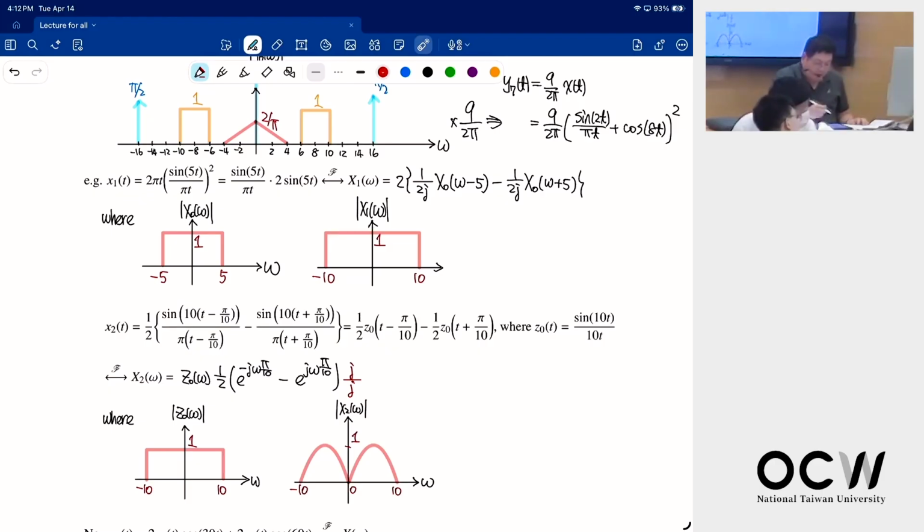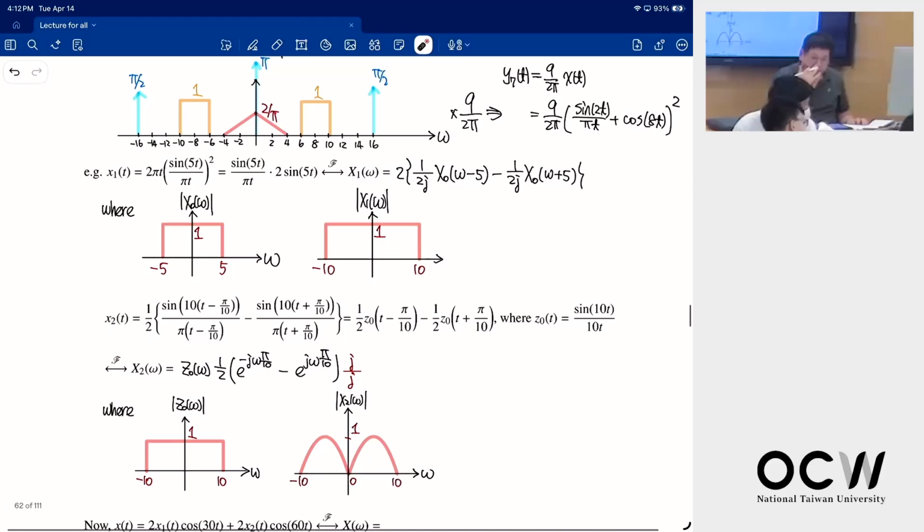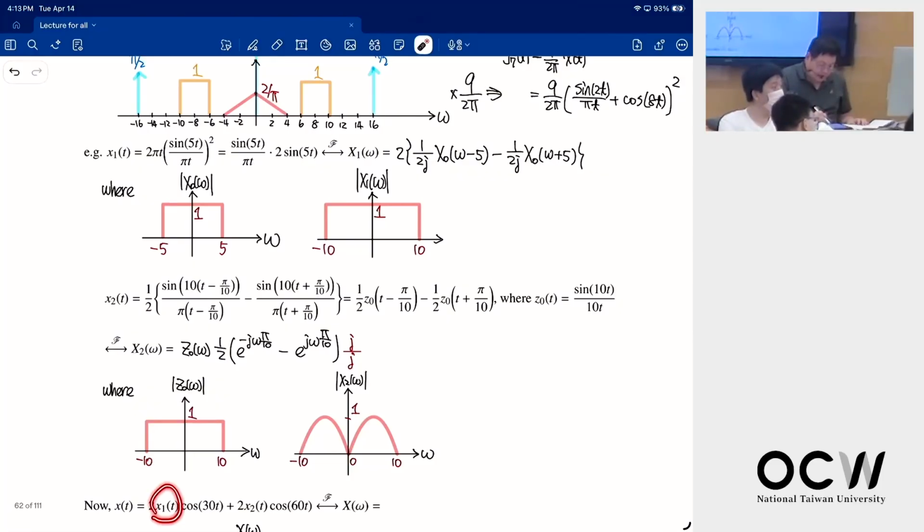Okay, now I have two signals, x1 and x2. I would like to combine these two signals, but not just add them together. Okay, I modulate the first signal and also modulate the second signal, with a different frequency. Okay, then what is the Fourier transform in frequency domain?